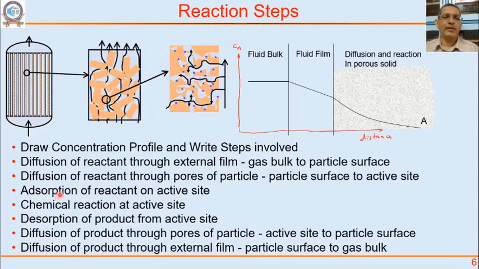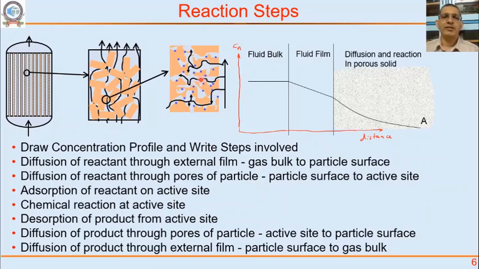First of all, adsorption. Ethylene and oxygen, or one of them, adsorb on the active site, silver in this particular case. They react on the surface at the active site, and then the product that is formed, ethylene oxide, is desorbed from the active site back into the pore of the catalyst.